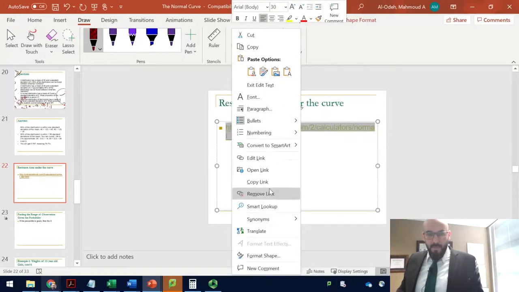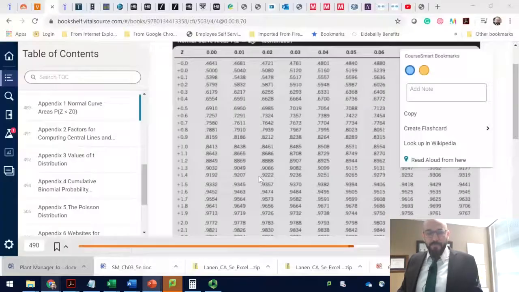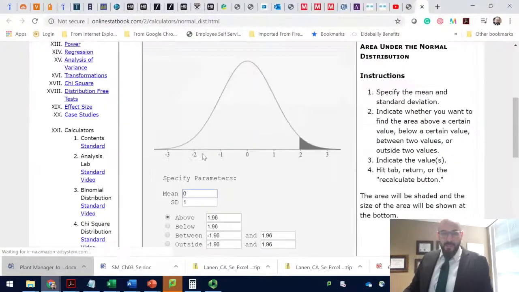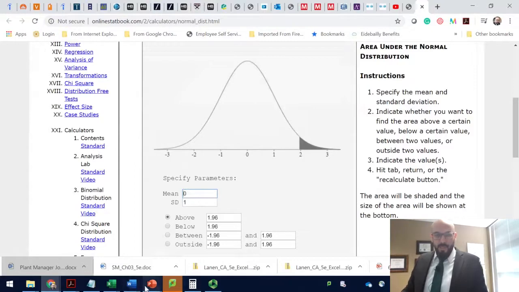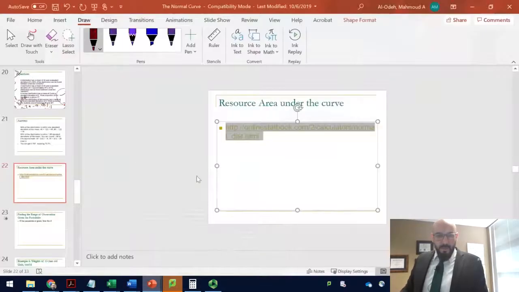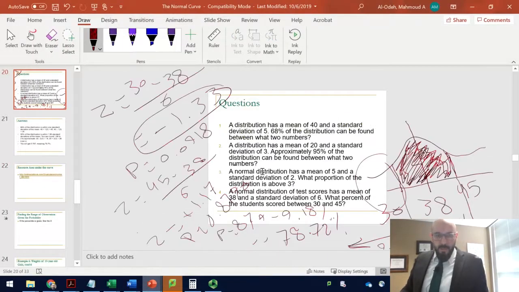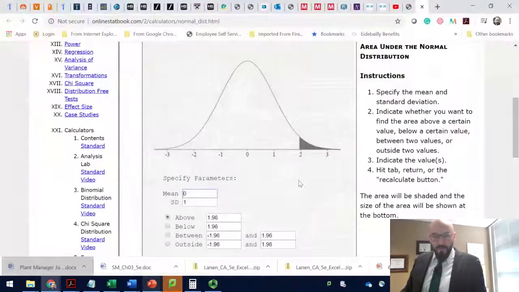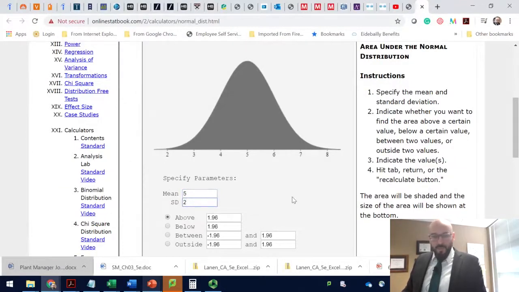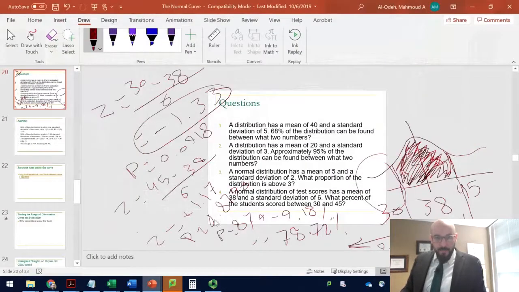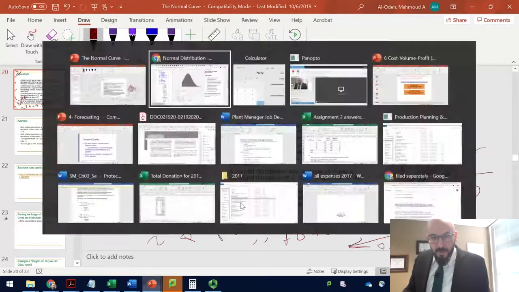If you open that link, let's apply the first example: a mean of 5, standard deviation of 2, and we're trying to find the area above 3.